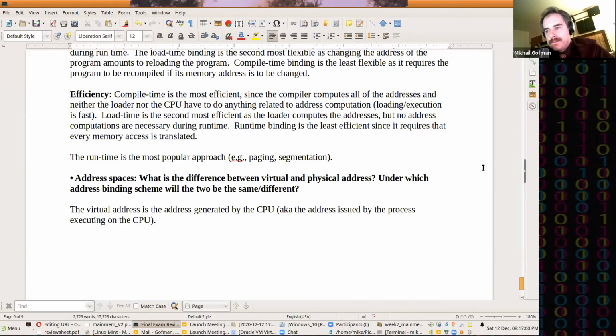Okay, so that's basically the idea. The physical address is the address accessed by the MMU, the memory management unit.